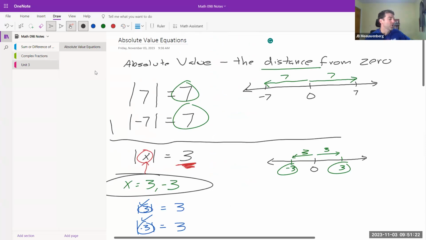When we took absolute values of these numbers up here, 7 and -7, we always got a positive answer, 7 and 7. Because the meaning of absolute value is the distance from 0.